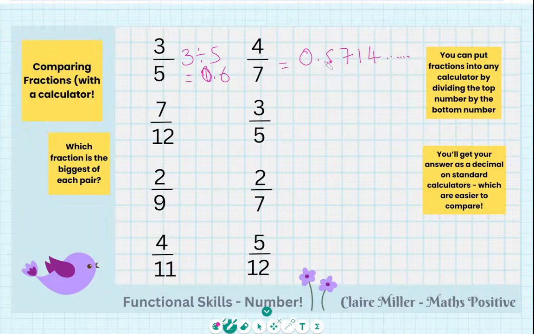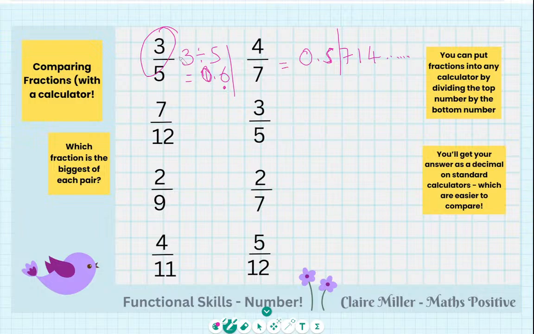So which one's biggest? This is where we need to have a think about comparing decimals. We would start by looking at the first digit, wouldn't we? 6 is bigger than 5. So 0.6 is bigger. So that means 3/5 is bigger.